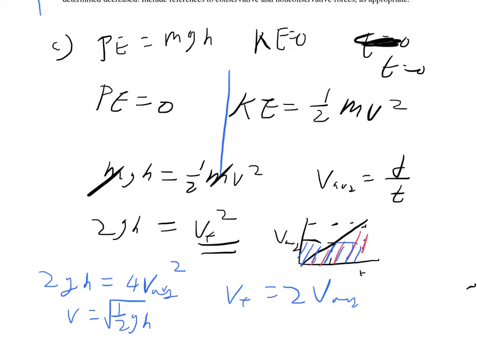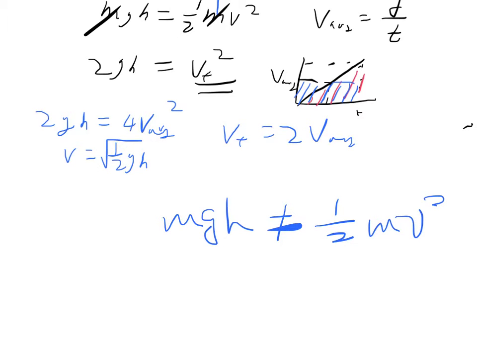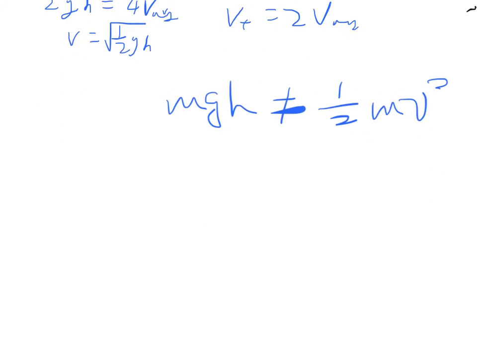Now, if in the system there's an energy increase, it means that the energy conservation isn't working, which means that mgh is not equal to 1/2 mv squared, and the energy is increased, which means that kinetic energy is larger than the potential energy.